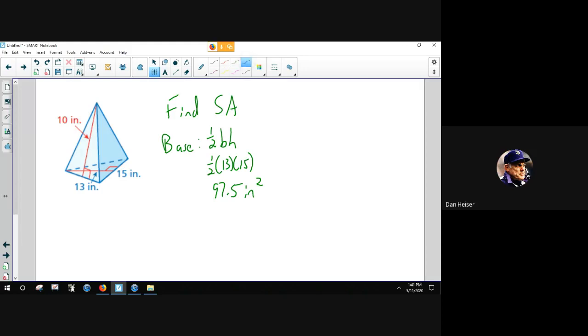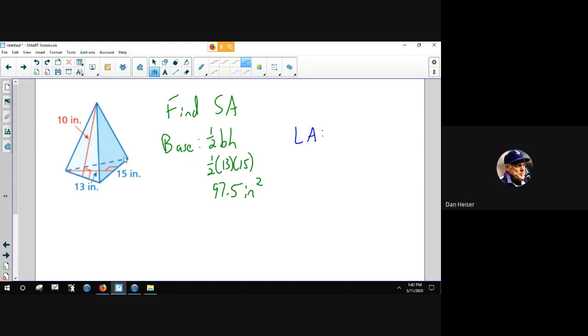Let's find the lateral area. We have 3 triangles that make up the walls, but they are not all the same. They are not all the same. We need this right here and this right here.